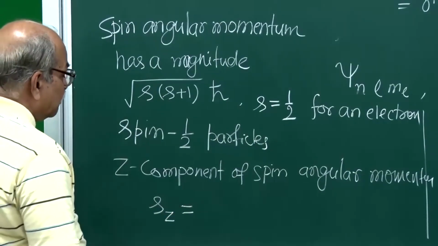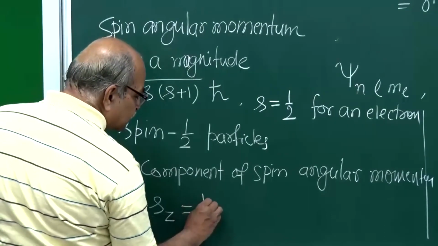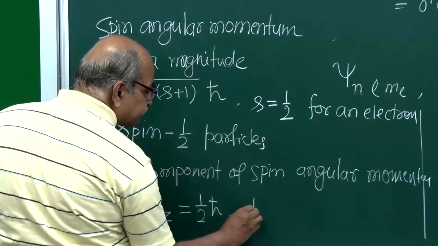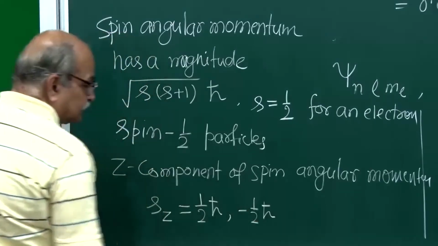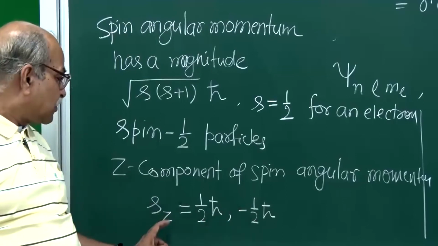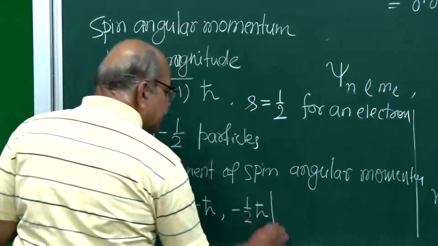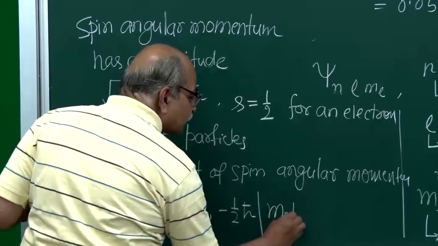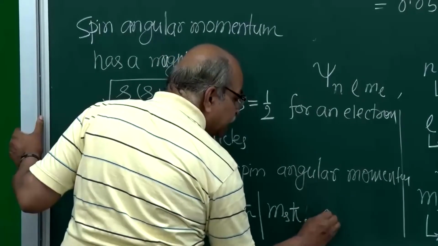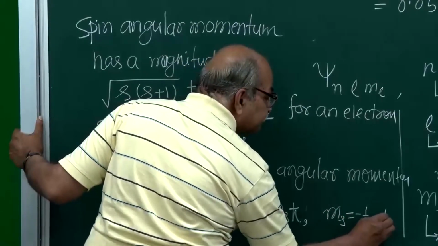These two possible values are half h cross or minus half h cross. So these are the two possible values of Sz, that means possible values of z component of spin angular momentum. You can write this as ms h cross, where ms is minus half or plus half.